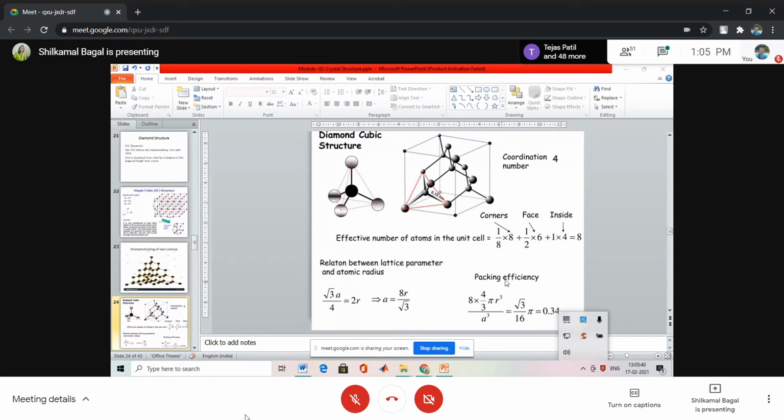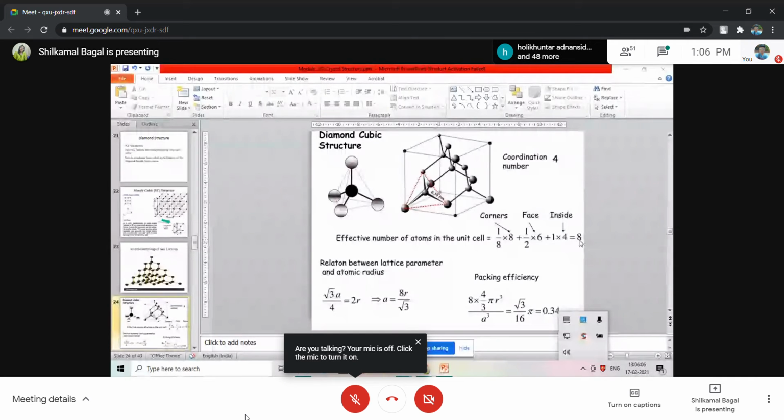Now, packing efficiency, that is how much part of the unit cell is packed by the atoms. So our formula is what? Do you remember? It is packing efficiency or packing fraction. It is given by the volume of atoms in the unit cell divided by the total volume of the unit cell. So in diamond structure, there are 8 atoms per unit cell.